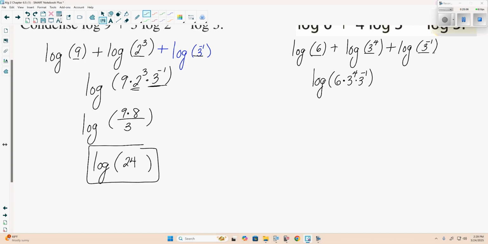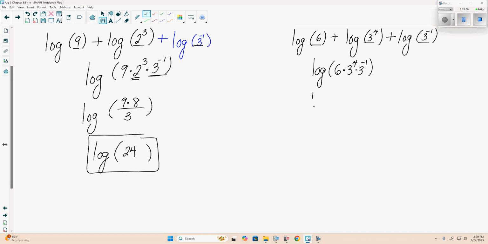No. If we did have variables at this point, I'd be making sure to get all of our exponents back to being positive, moving the 3 to the bottom. 3 to the 4th is 81, and simplifying, 6 times 3 to the 4th times 3 to the negative first tells us it's 162. Questions on this here?